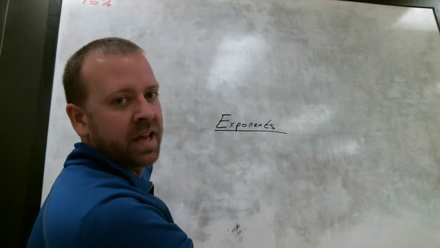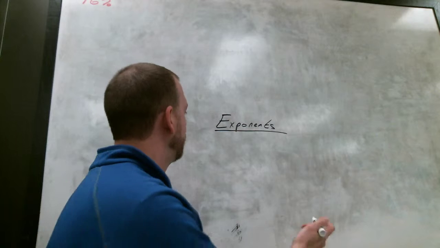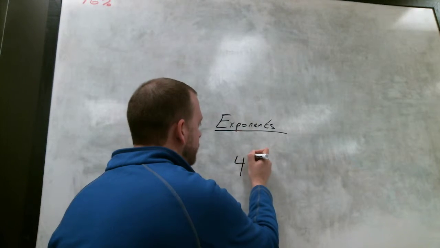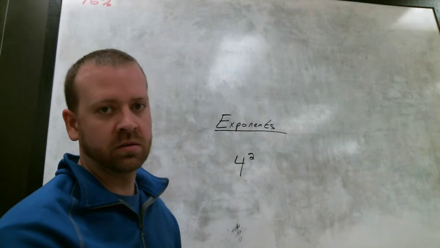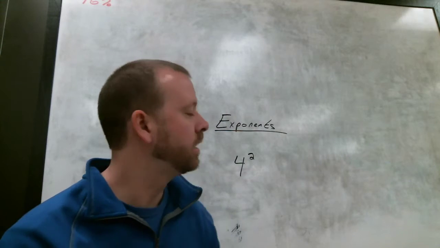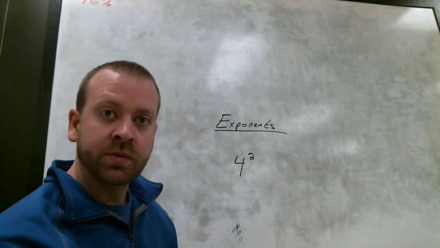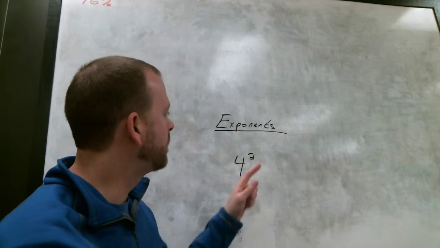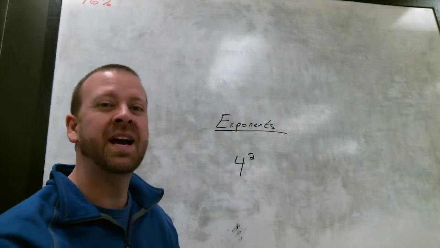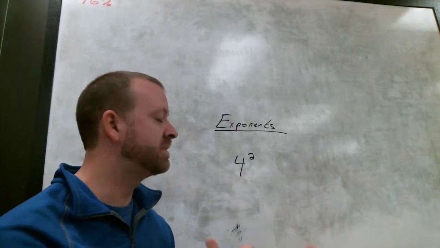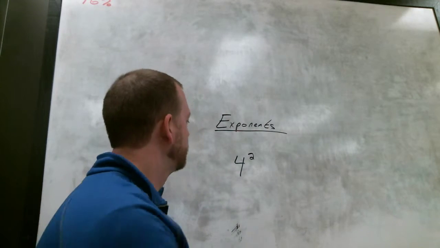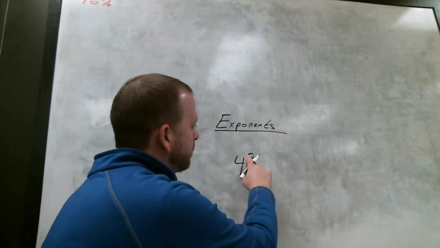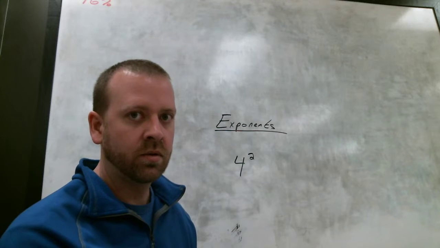So let me give you another example, one where the base and the exponent are not the same. So let's say I have 4 to the second power. Okay. My base, which is 4, that's what we're going to multiply together. The exponent tells me how many times I'm going to multiply the base times itself. So with this, I've got my base, which is 4, and I'm going to multiply it by itself 2 times.